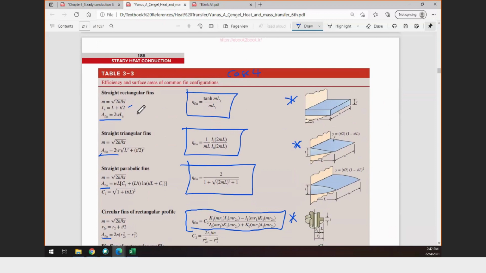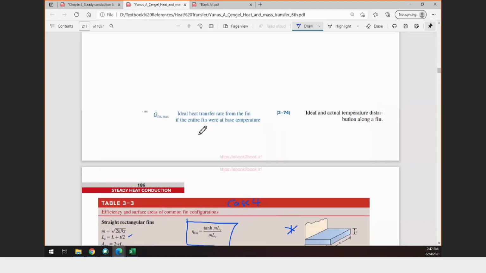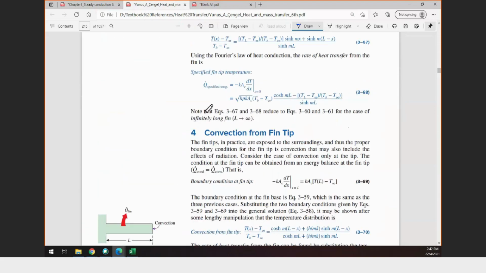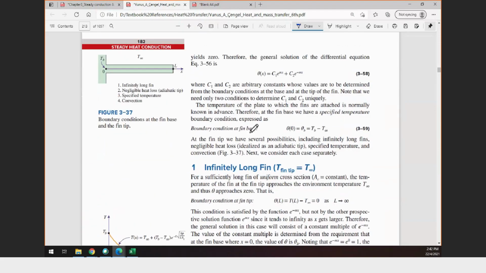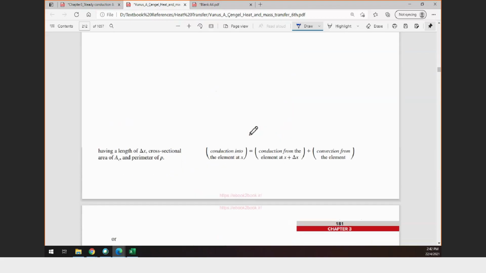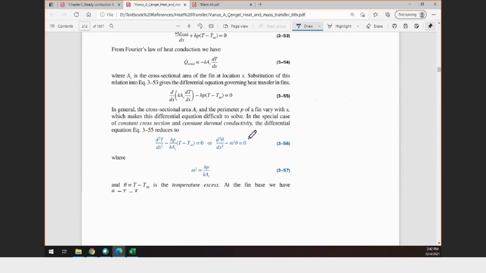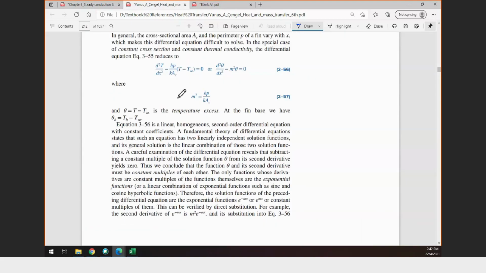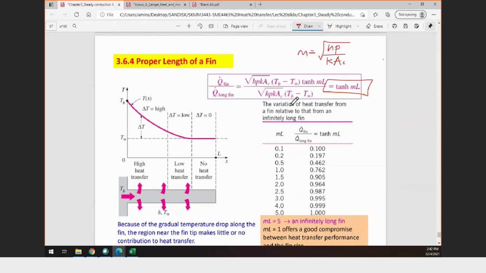But if you use the general value of m, then you can use the general equation for m, this one. That is the fin parameter calculation. Okay, any question?